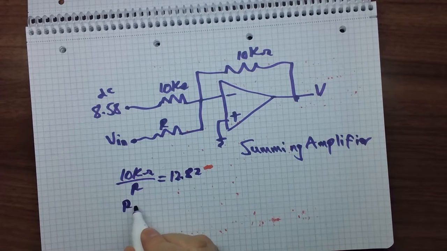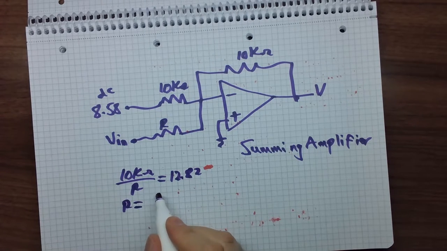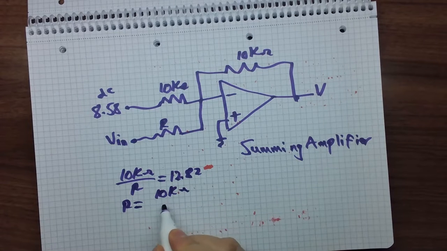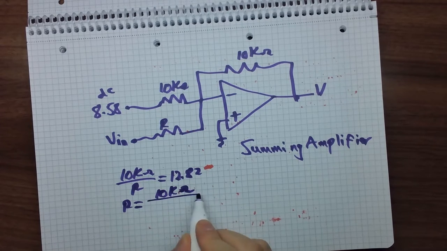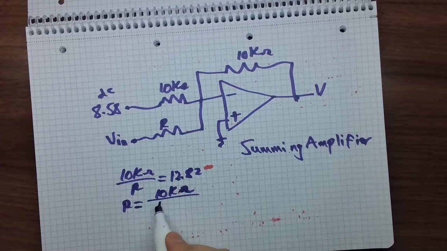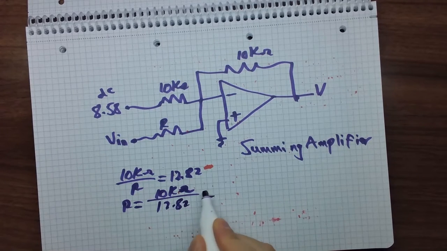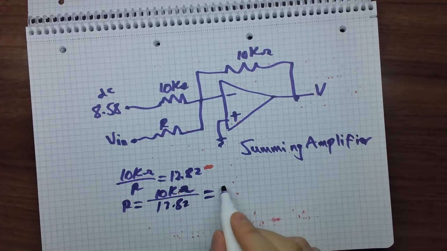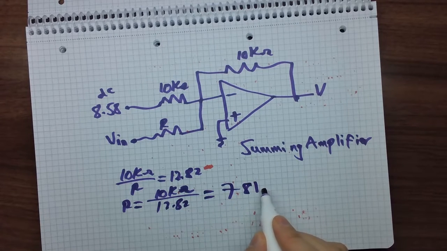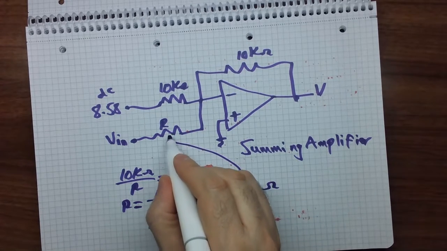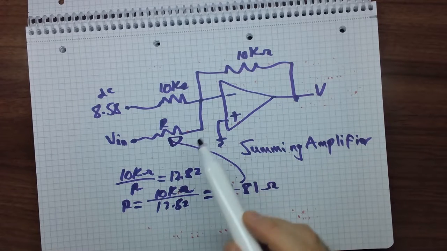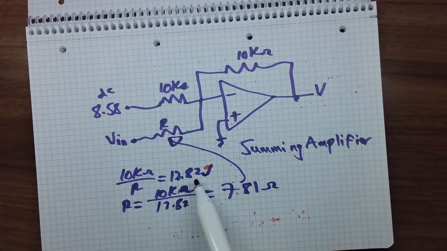From this we can find R to be 10 kilo ohm over 12.82, and this is equal to 781 ohm. This R gives the gain of 12.82. So this is the summing amplifier that can satisfy our equation.